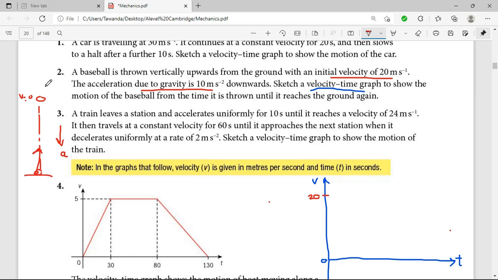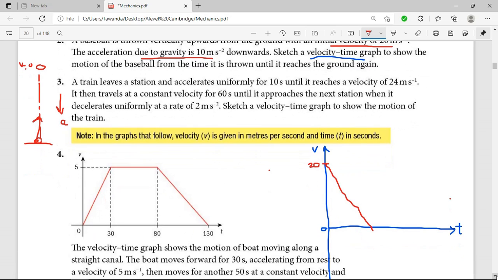So from here to here, the velocity will be decreasing in a straight line until we get a velocity of 0.